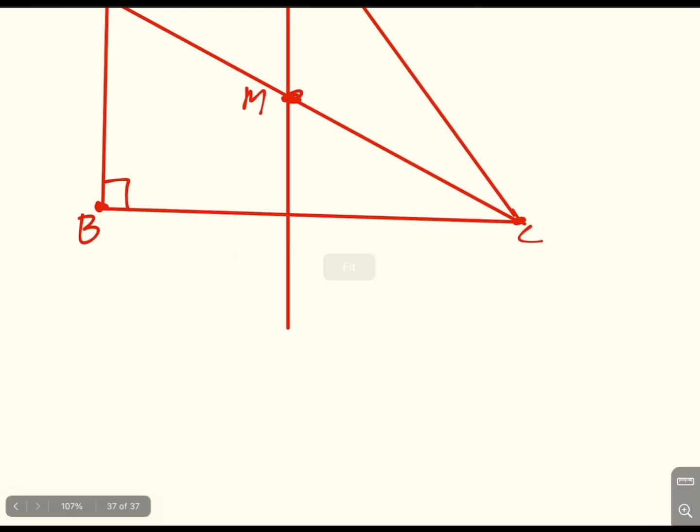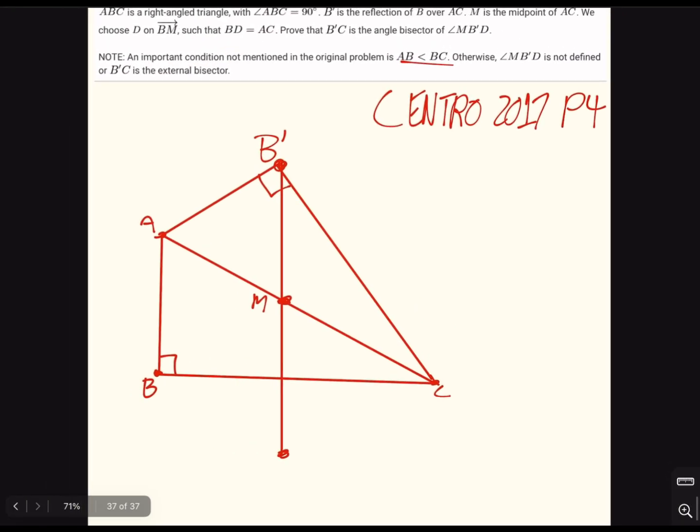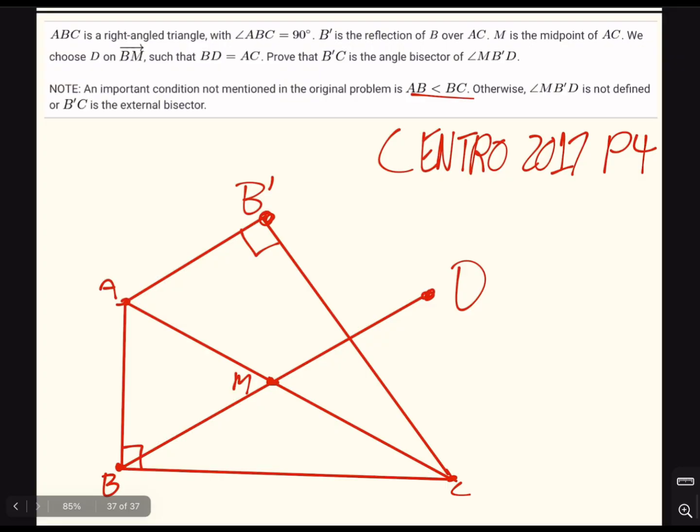And then we need to prove. I just realized that it's BM and not B prime M. I had that exact same issue when initially solving the problem, and the exact same thing happened to me once again. I'm sorry. But yeah, this is point D approximately.